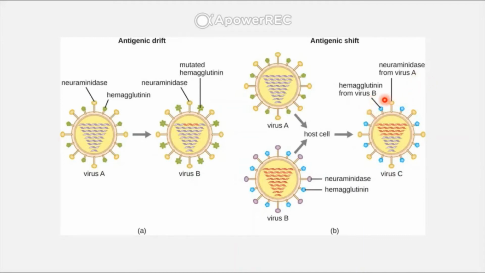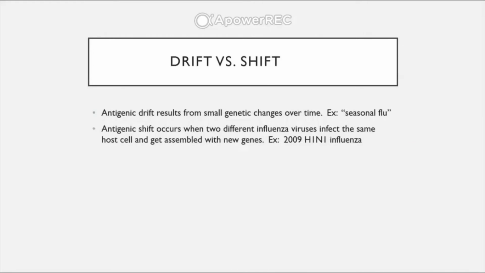So here we have a combination of a hemagglutinin from virus B and a neuraminidase from virus A. And that's what we call antigenic shift.